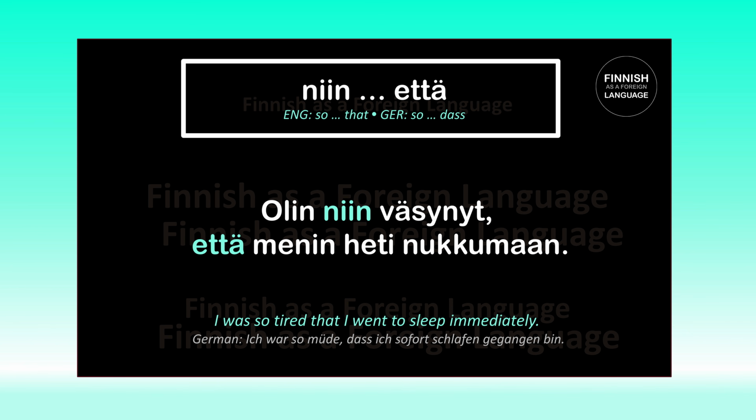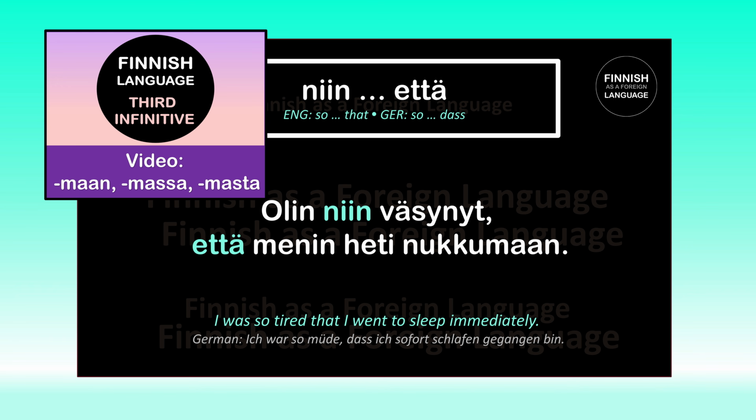It's our linking pair here. Menin means I went. It's the first person singular past tense of the verb mennä, which means to go. Heti means immediately, and nukkumaan here is the third infinitive illative of nukkua, which means to sleep. So again, here the linking pair is niin että, meaning so that.